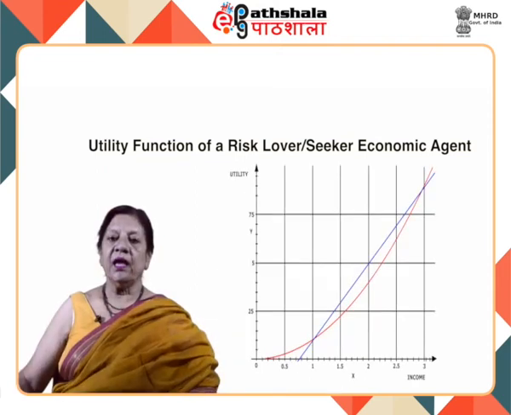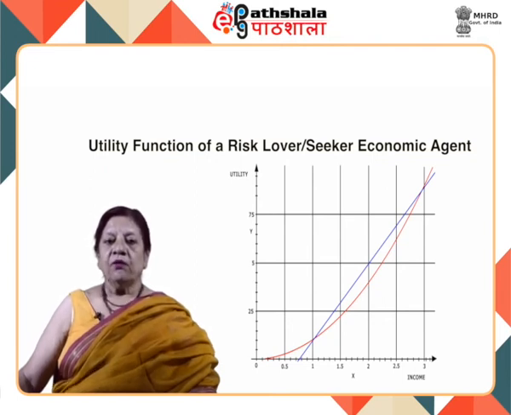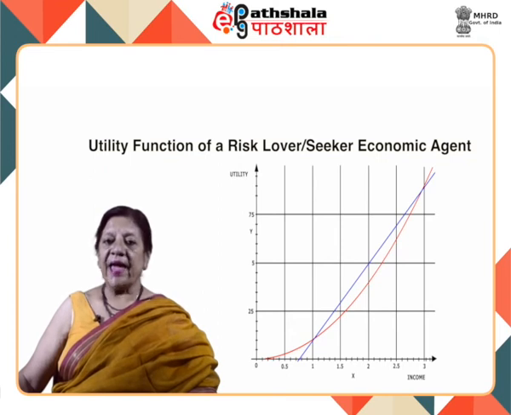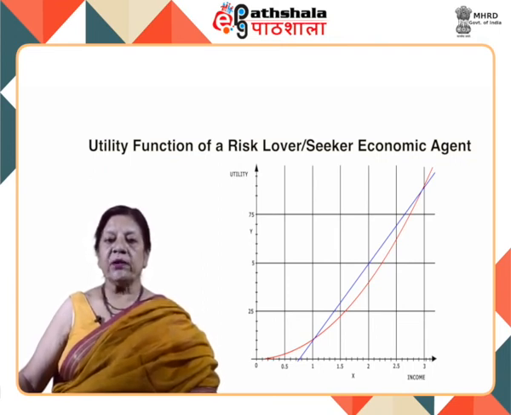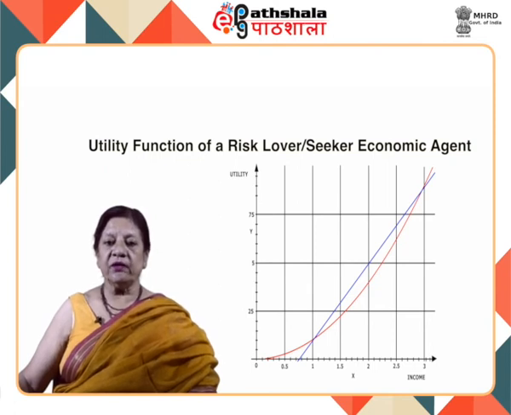Consider a utility function such as U = Y squared. From the figure, it can be seen that it is convex to the income axis, with the chord connecting the points corresponding to incomes of 1 and 3 units lying over the utility curve between the income points 1 and 3.